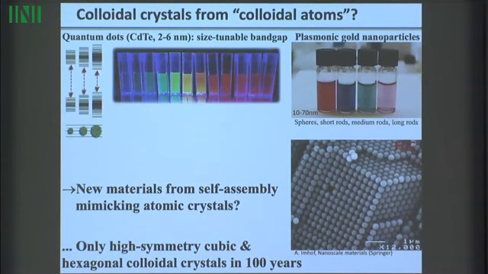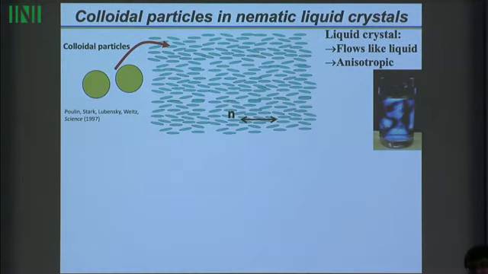And so on the other hand, not so long ago, a different type of colloidal system was introduced, where instead of an isotropic fluid host, we would have liquid crystal, nematic fluid, and of course the building blocks, the molecules, are much smaller than the colloidal particles that you put in.